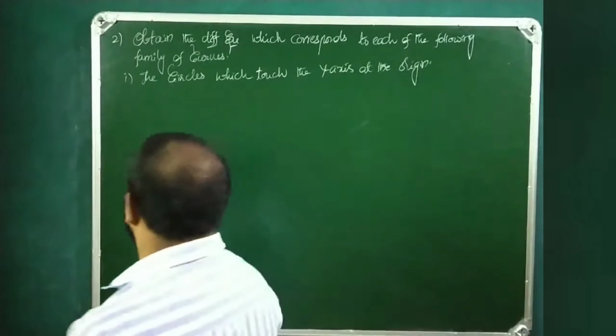So what is meant by axis? Axis is nothing but a straight line passing through the fixed point. Here the fixed point is S, a comma 0. So a plus h comma k. So passing through the fixed point and perpendicular to the directrix.